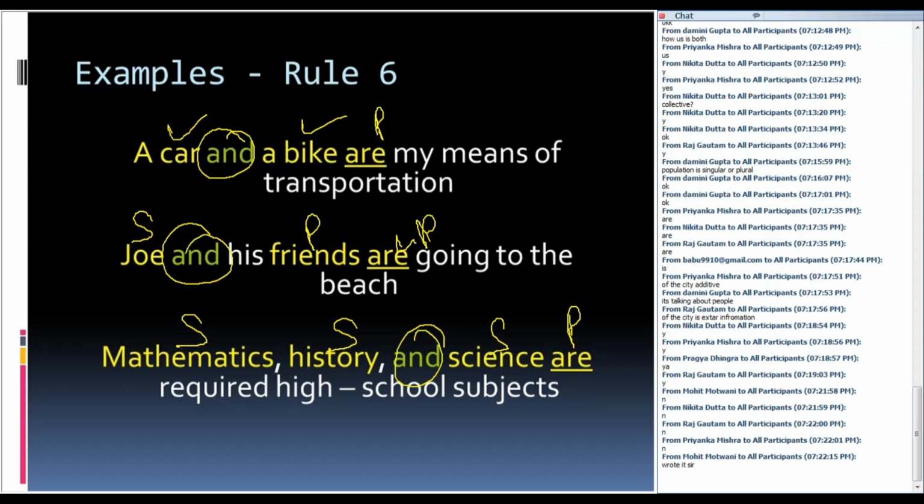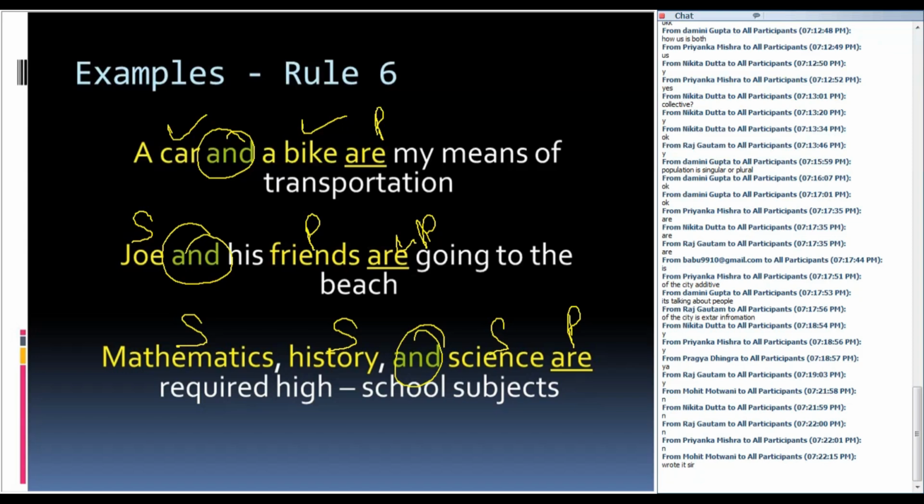Whenever the connection is with the word and, it automatically becomes plural, with just one exception. There are some words that do not signify two things. They are treated as one entity.